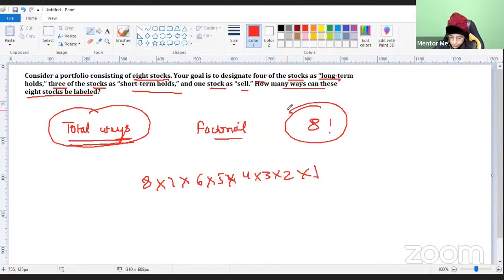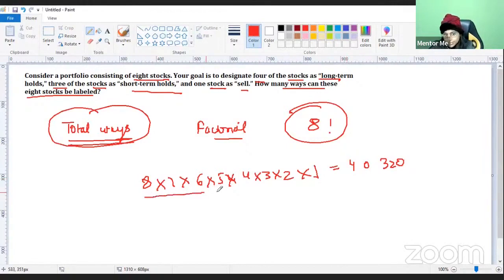If you go into your calculator, above the multiplication symbol, if you look at the multiplication symbol, you will see an x exclamation mark. Do you see it? That x exclamation mark is basically representing factorial. So if we want to calculate 8 factorial, what we can do is enter 8, then second, and then the multiplication key. 40,320 is coming. So this is our total possibilities. If we had no labels, there would be 40,320 ways in which we can arrange these 8 stocks.